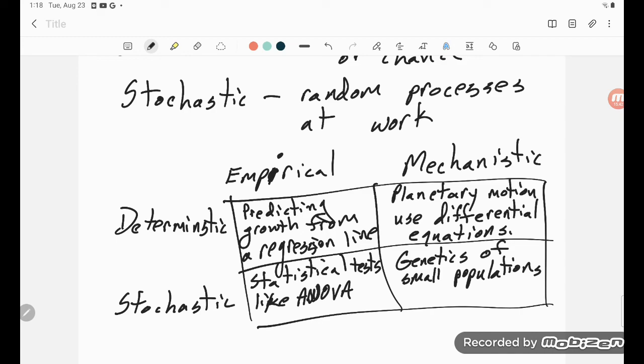It's not extremely important that we spend all our time identifying whether something's empirical or deterministic or mechanistic or stochastic. But it helps to discuss a model if you have this basic understanding of classification. Okay, so there is our little introductory video on classification.